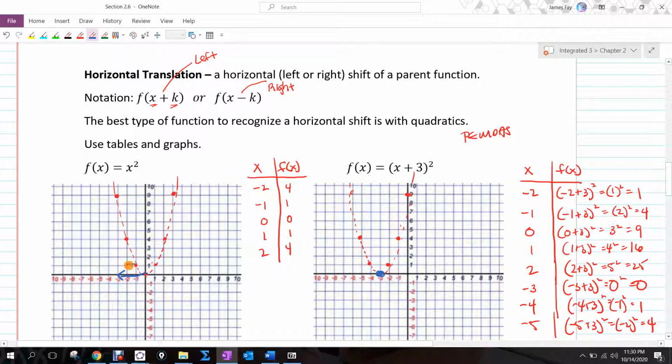If I move that one 3 units to the left, does it become that point? Move that one 3 units to the left, does it become that one? And do that with all of these points, and you'll see that this (x plus 3) squared is this function just shifted 3 units to the left.